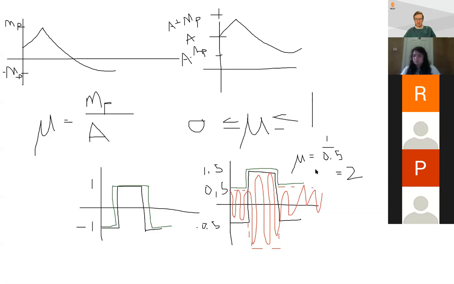For both of them, the amplitude is whatever you want to transmit it at. You can transmit it at any amplitude.